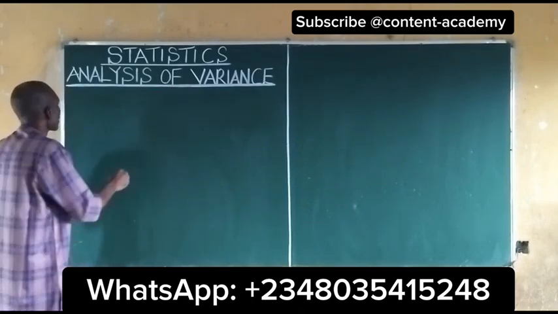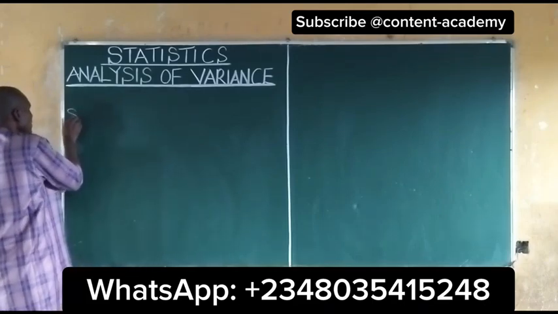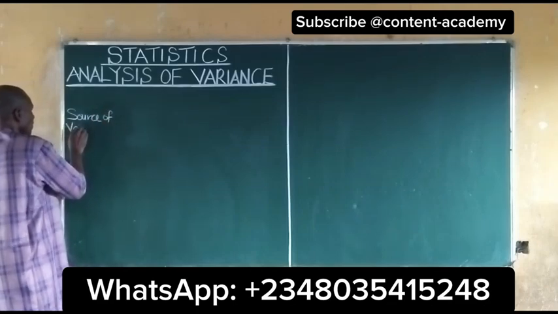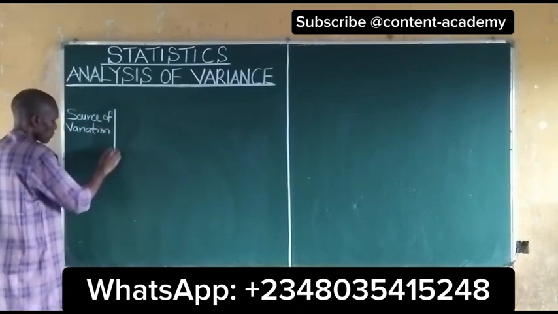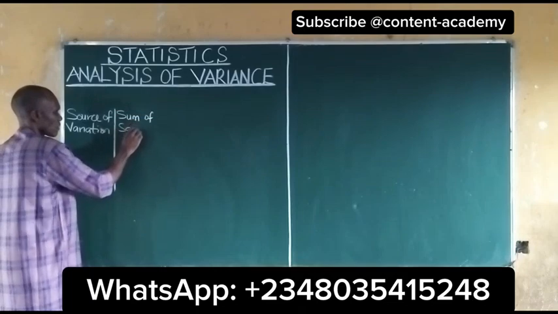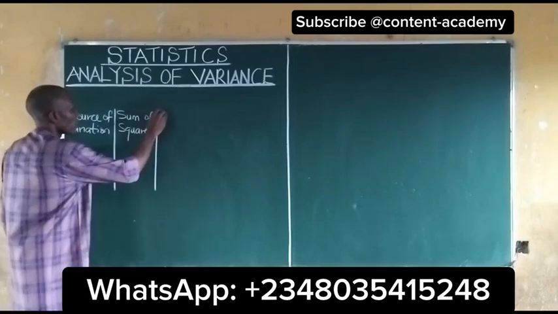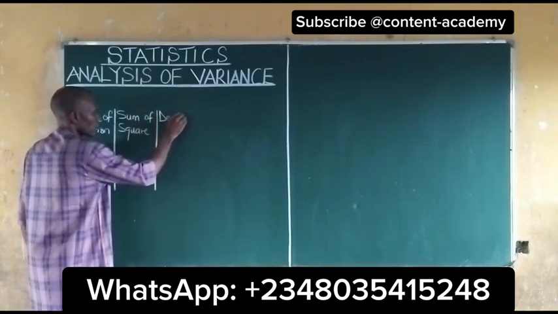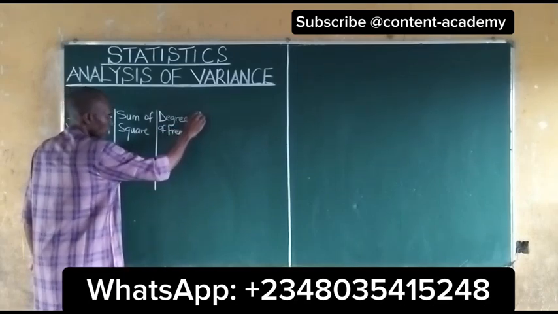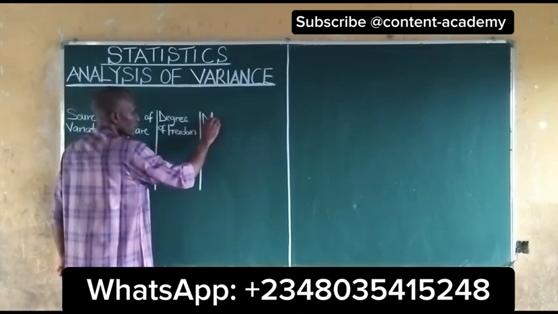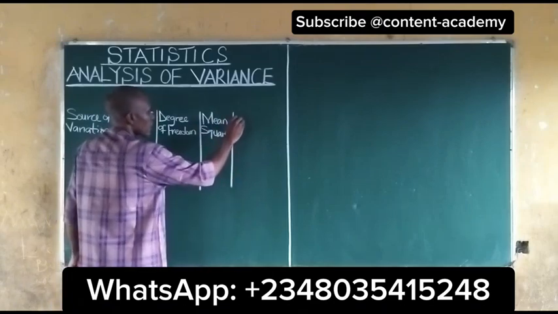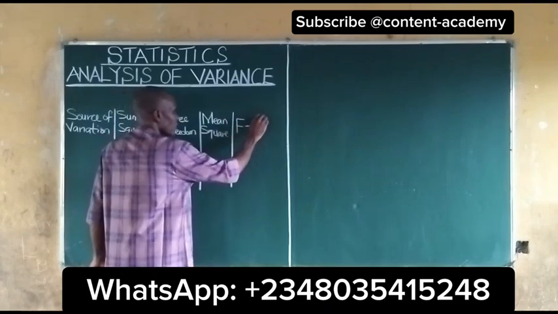So how do we go about it? Especially for the one-way ANOVA table, we have the source of variation, the sum of square, the degree of freedom, the mean square, and the F-statistics.